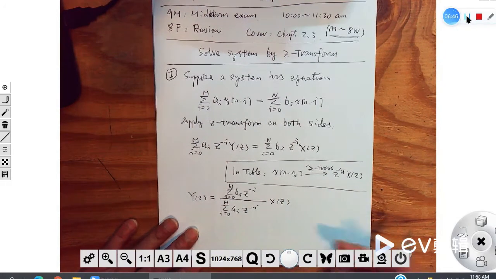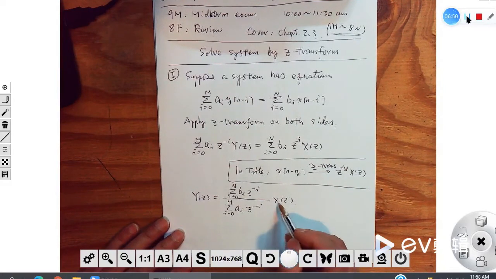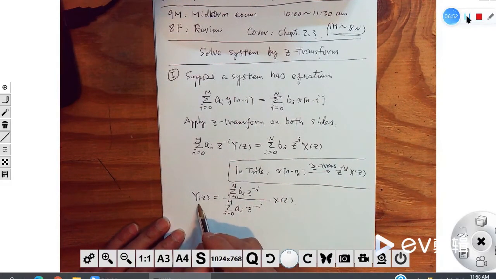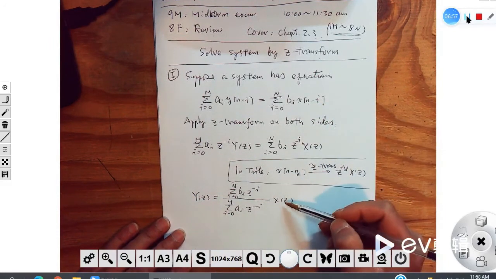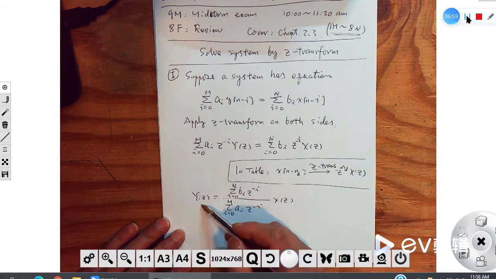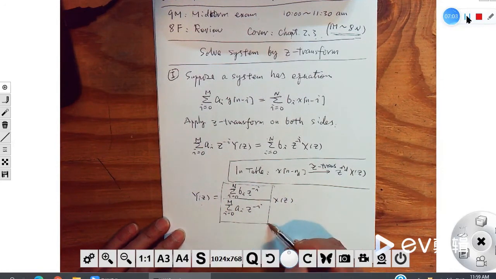By this formula, if the equation and X are given, you can find Y. And this part we have a name for. We call this the transfer function.